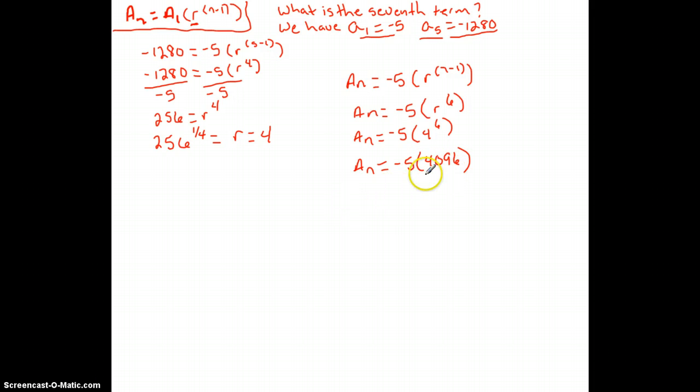Then I take that, and now I just multiply through by -5 to find my an. So an equals -20,480. So this would be the seventh term for this sequence.